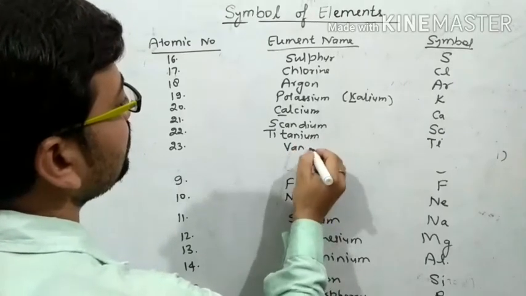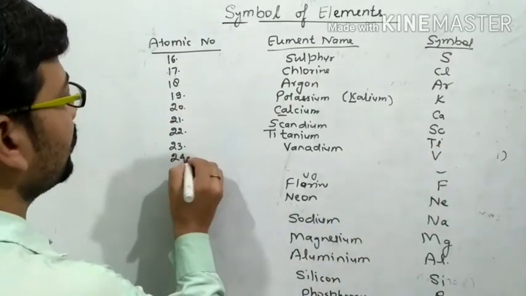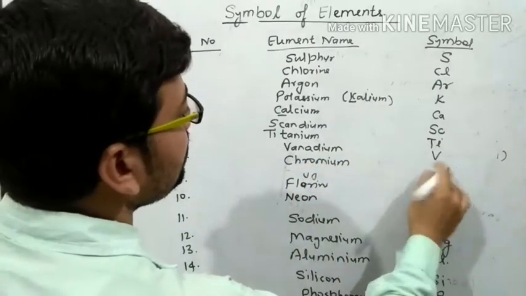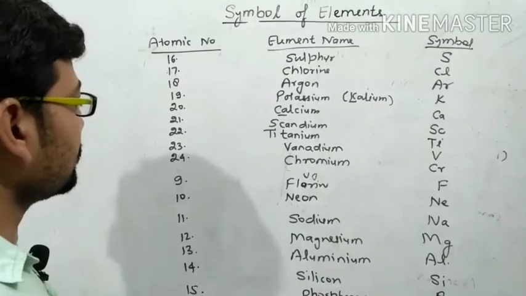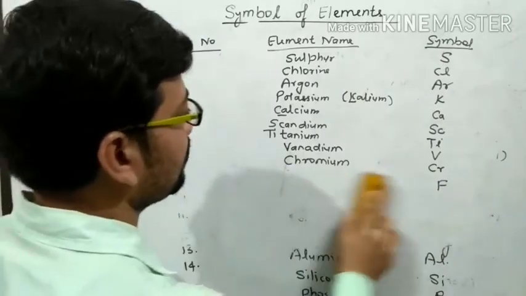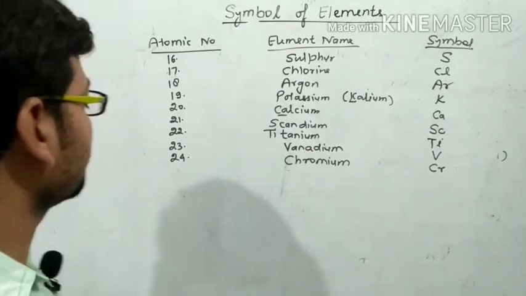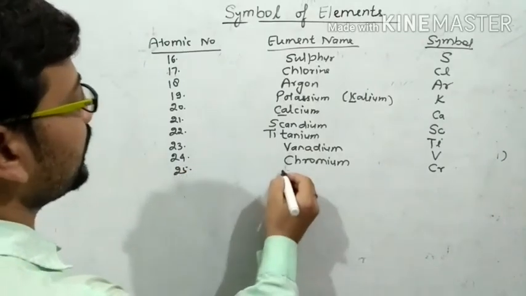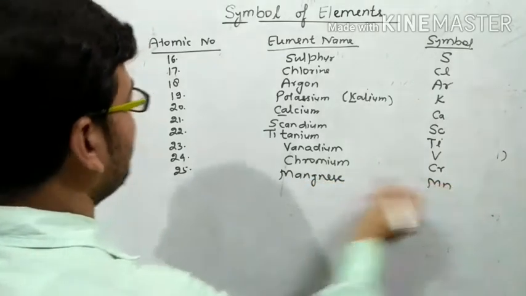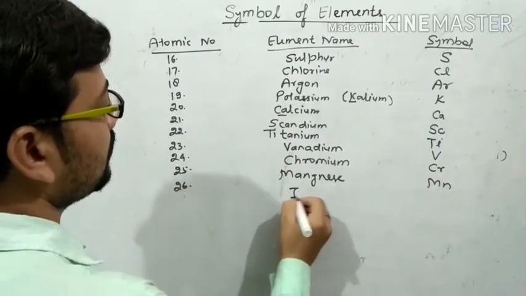23, vanadium, that is V. 24, chromium, that is Cr. 25, manganese, that is Mn. 26, iron.